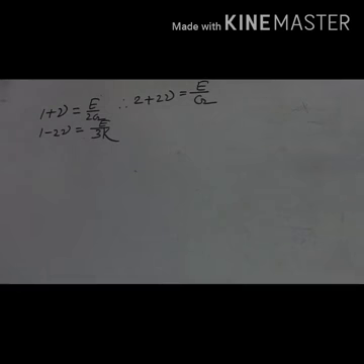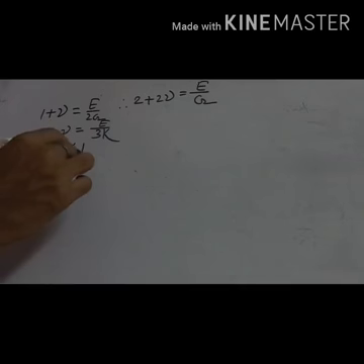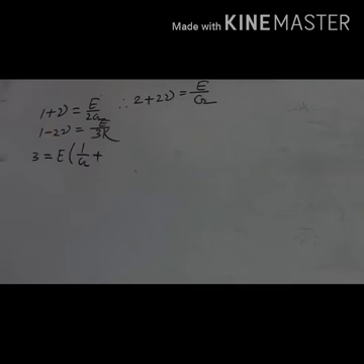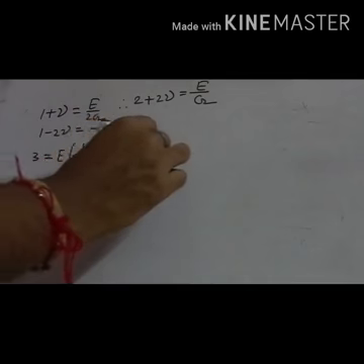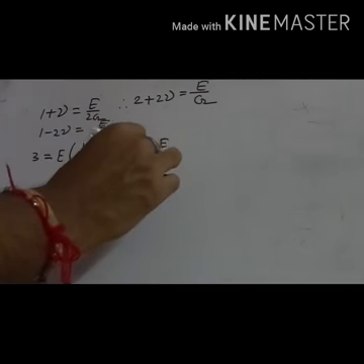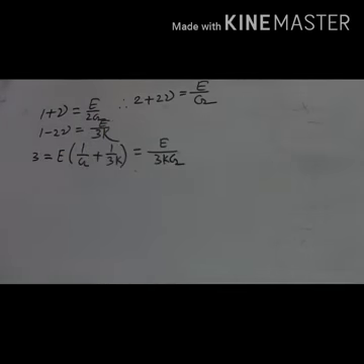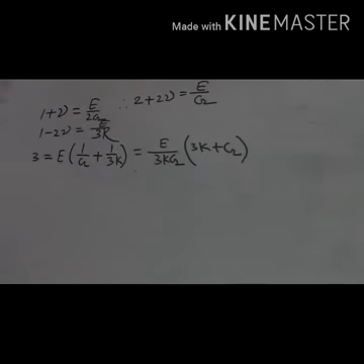So you may write down 3, 2 plus 1, 3, that is equal to E, if you take E common, 1 by G plus 1 by 3K, equal to E by 3KG, times (3K plus G).